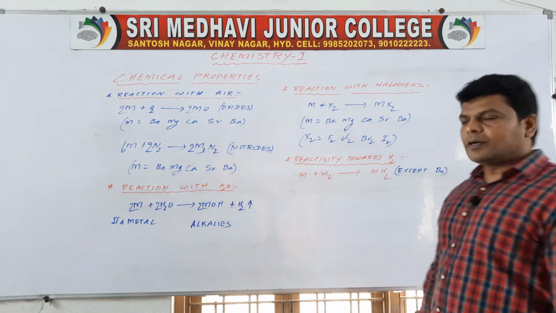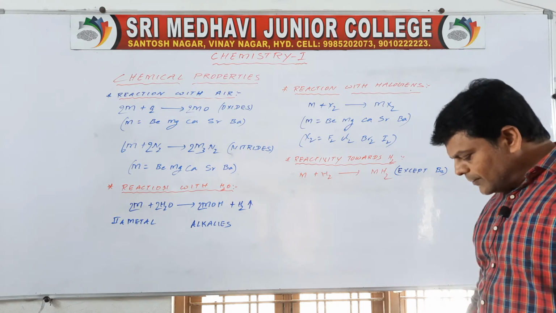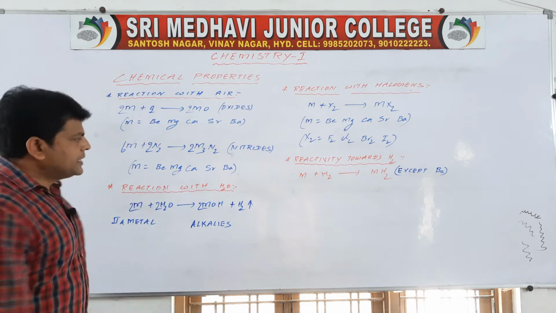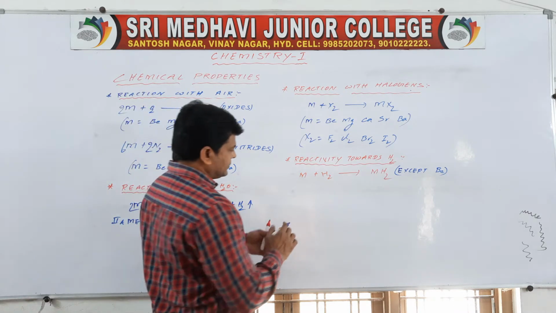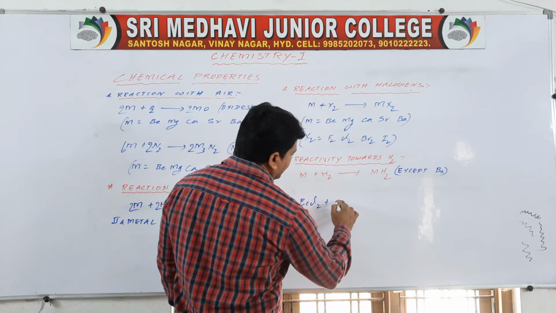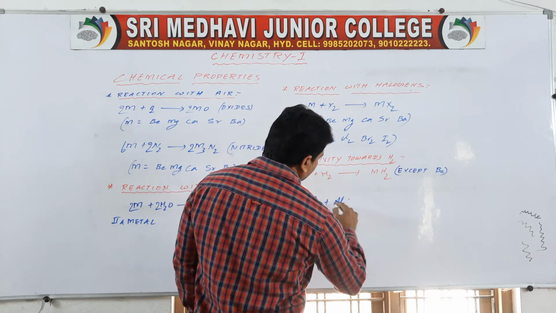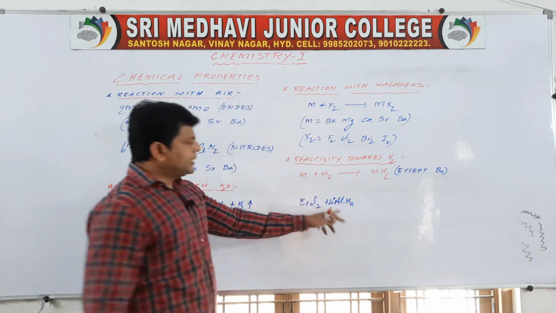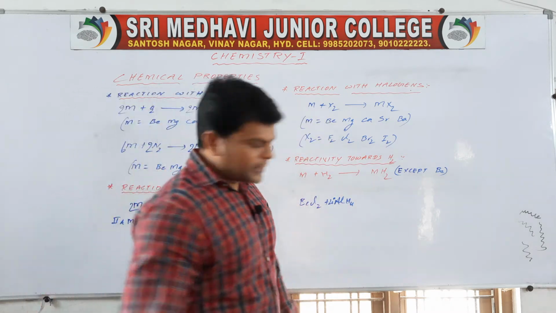So how is beryllium hydride formed? See here, BeCl2 reacts with LiAlH4. So then what happened?